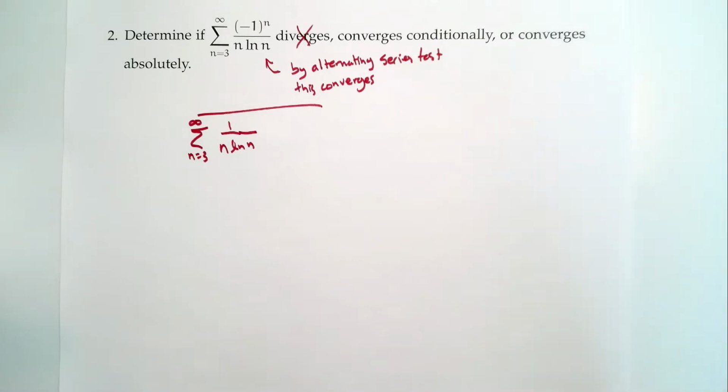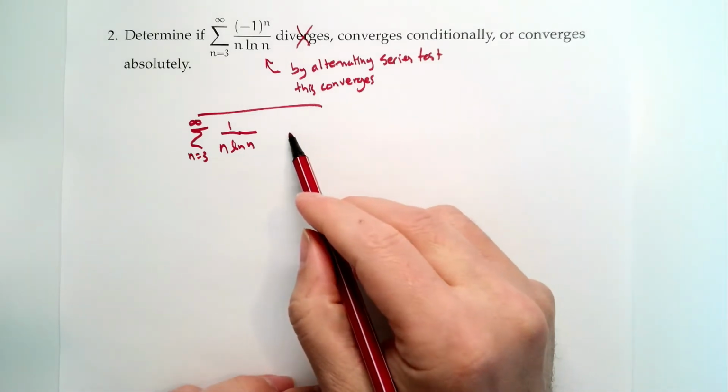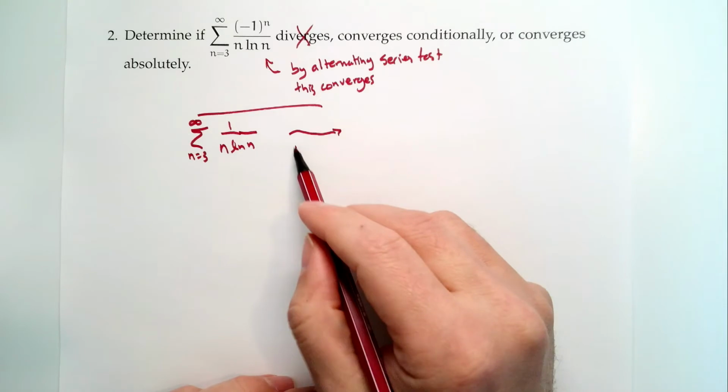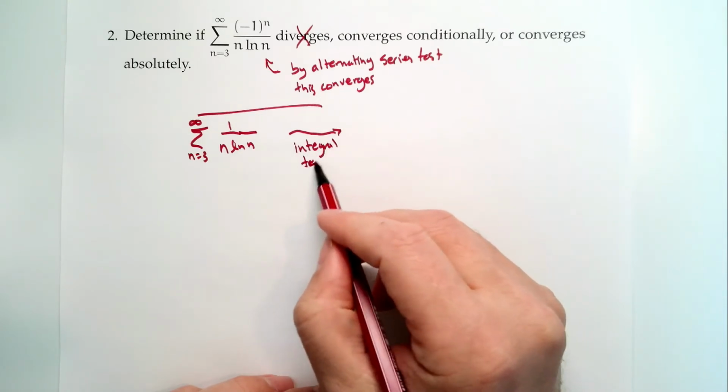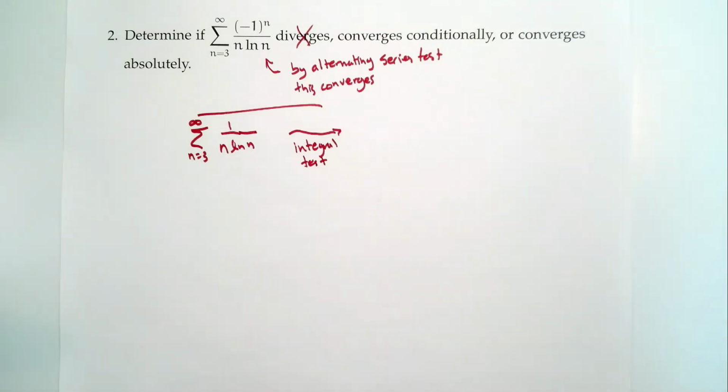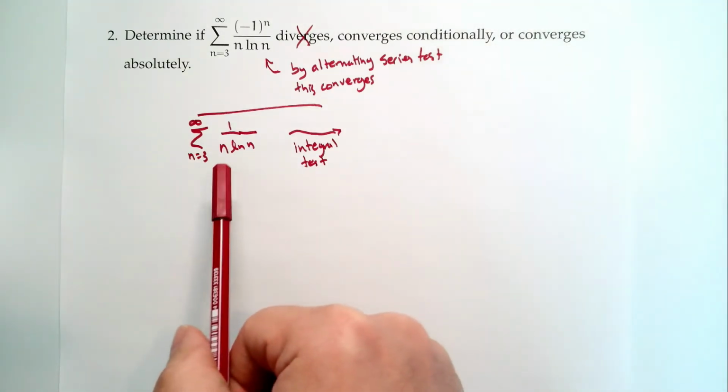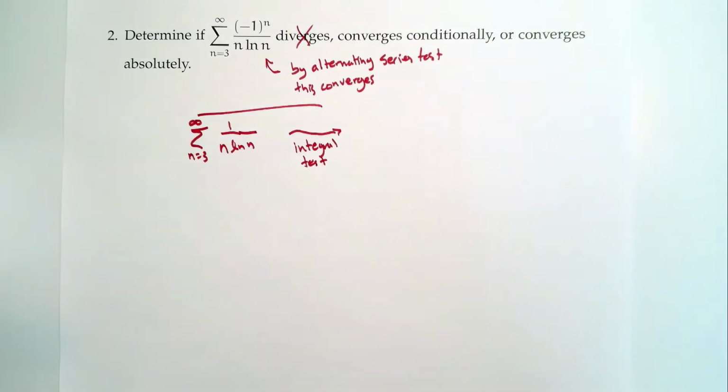The answer is, we're going to use the integral test. You might ask, how do you know to use the integral test? The secret is that the integral test is custom built for sums like this: 1 over n and then some log n's floating around. The other reason is that every other test is going to be inconclusive.